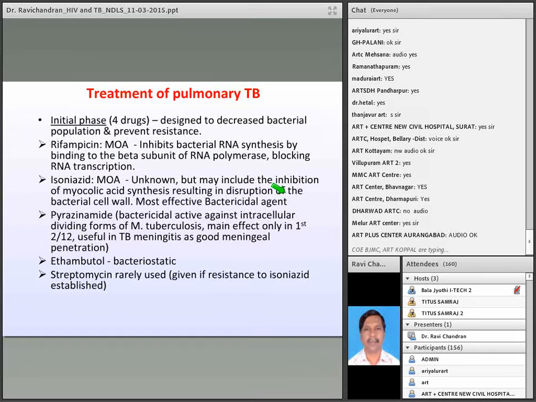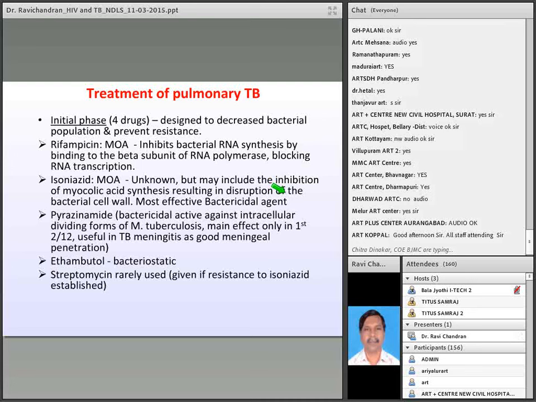Pyrazinamide is bactericidal and is active against intracellular dividing forms of Mycobacterium tuberculosis. Main effect only in first 2 months, that is the intensive phase of the TB treatment.